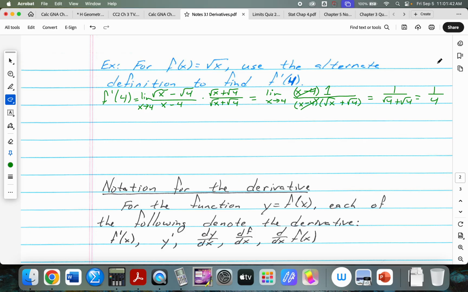And that tells us that the slope of the tangent is 1/4, right? The slope of the curve, the slope of the tangent, the instantaneous rate of change of the function at 4 are all 1/4.